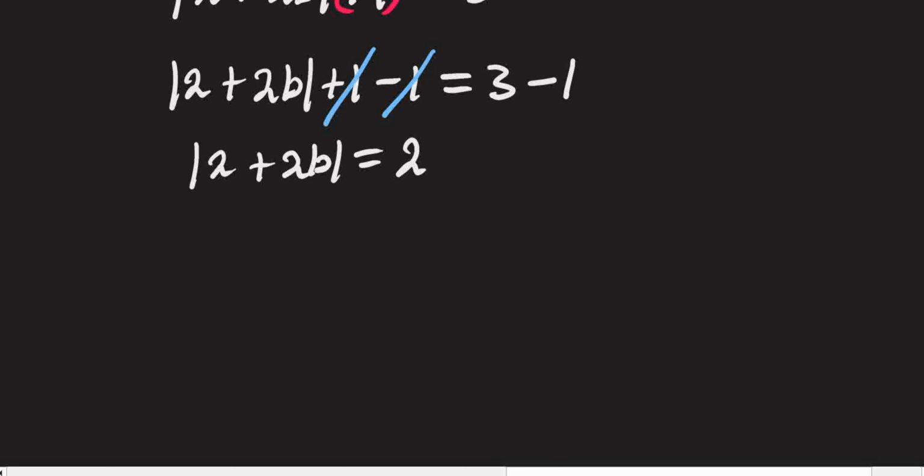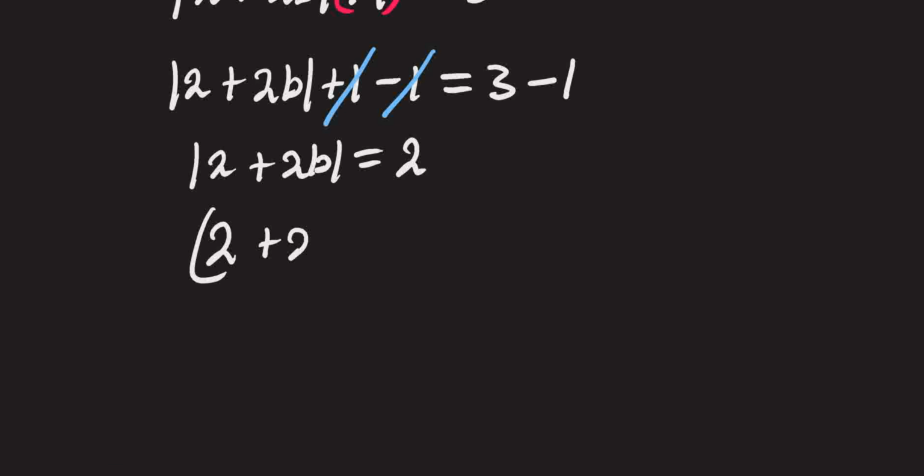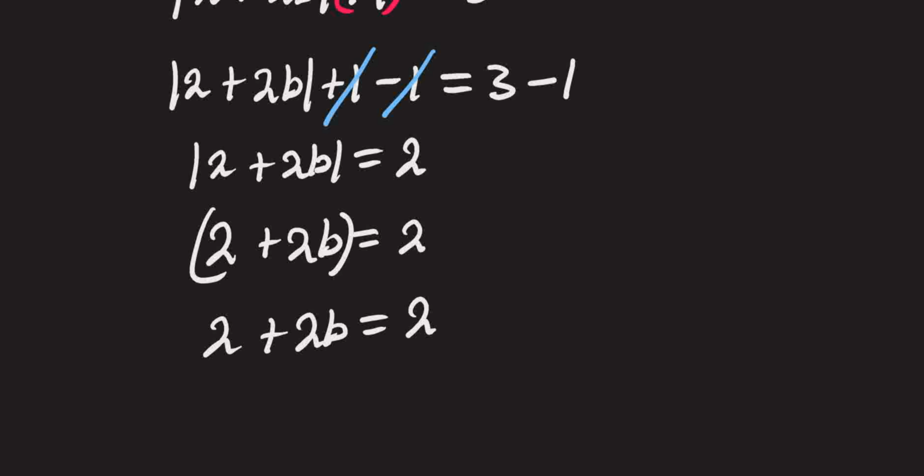So now we can simply put this in parentheses. 2 plus 2b is equal to 2. So now clear the parentheses. 2 plus 2b is equal to 2. Isolate 2b by subtracting 2 from both sides.